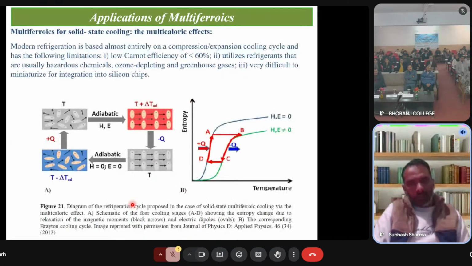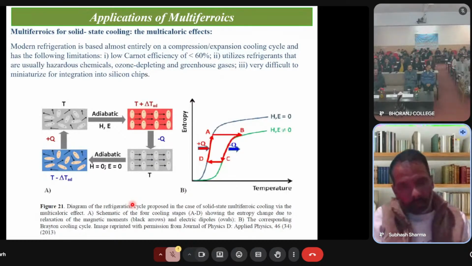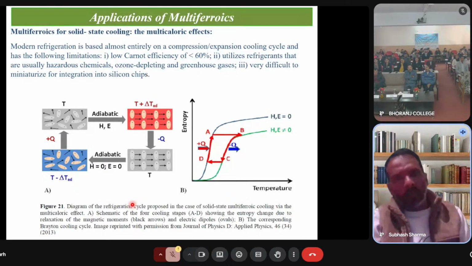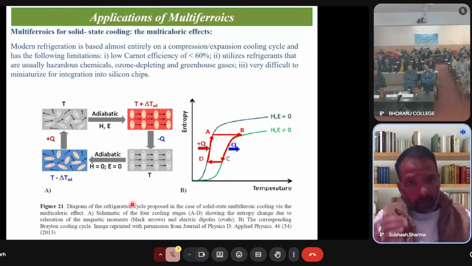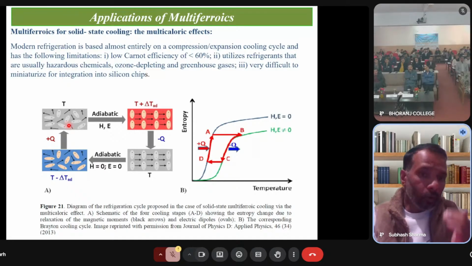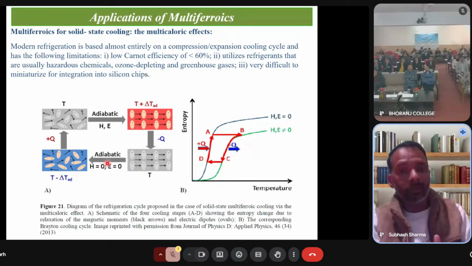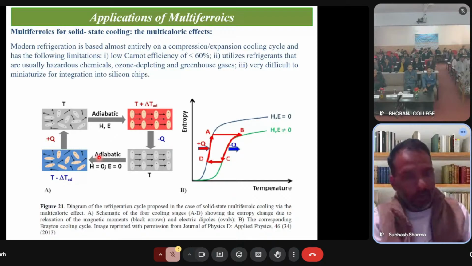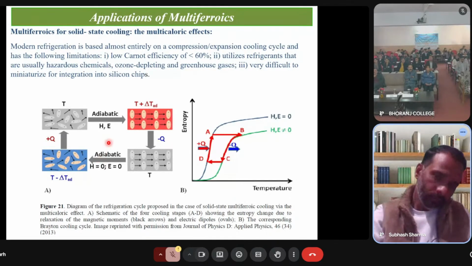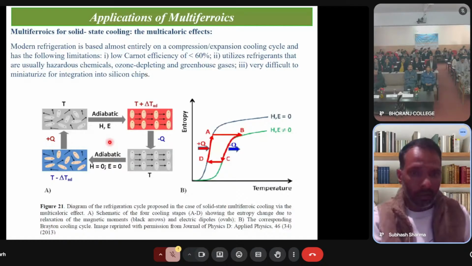Another application you can see in your home is the refrigerator. Presently, the cooling process in all refrigerators is by chemical reactions, right? But with multiferroic or multicaloric materials, you can cool things in the refrigerator by this process, and you can imagine there is no chemical process involved. You only utilize the properties of multiferroic materials, that is, dipole moment and spin.